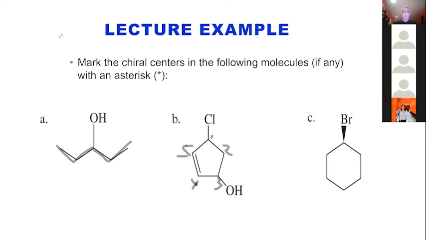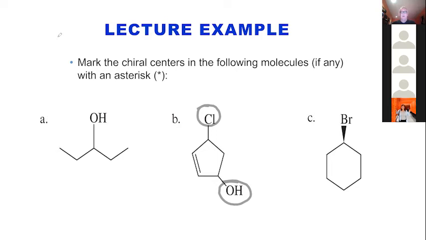Yeah, 1 and 3, right? 2 can't be because 2 has 2 hydrogens attached to it. And 5 has a hydrogen and a double bond. So right there, it only has 3 groups attached to it. So that can't be chiral. So this one's out, that one's out, that one's out. So really we're left with the carbon attached to the chlorine and the carbon attached to the hydroxyl.